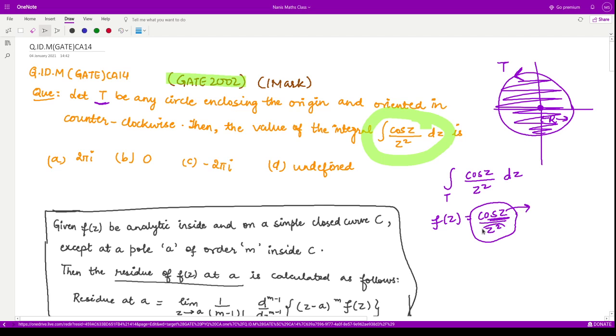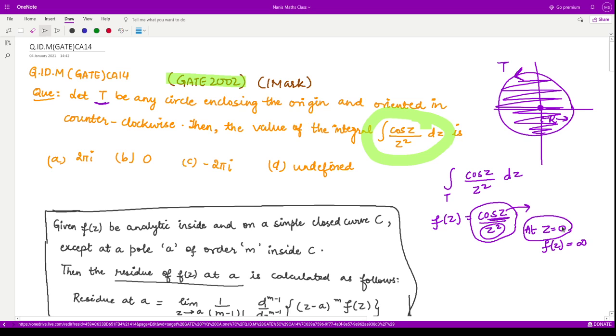The problem is the z square present in the denominator. This denominator becomes 0 at z equal to 0. Therefore f(z) at z equal to 0 becomes infinity, so z equal to 0 creates a problem over here.